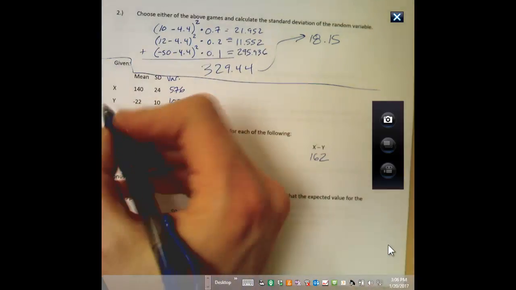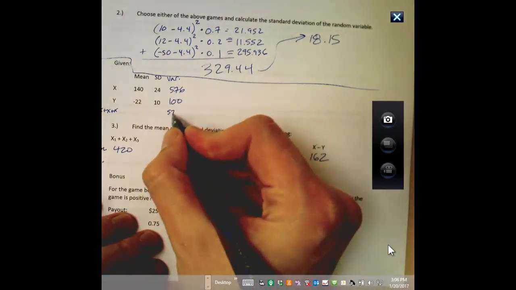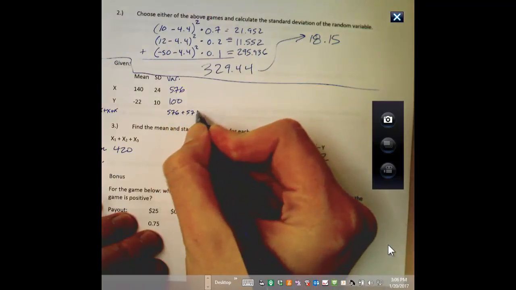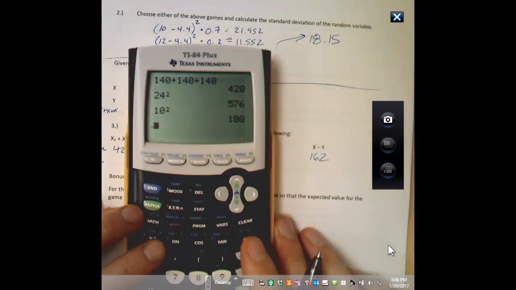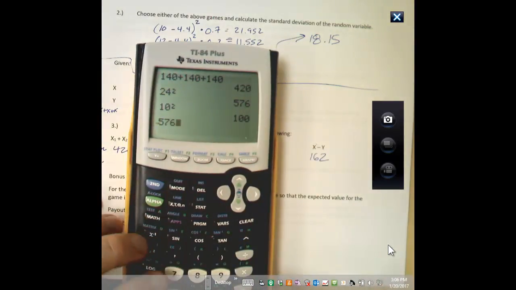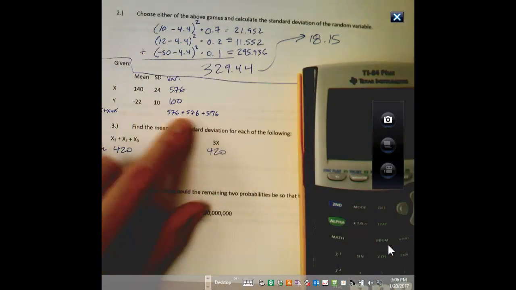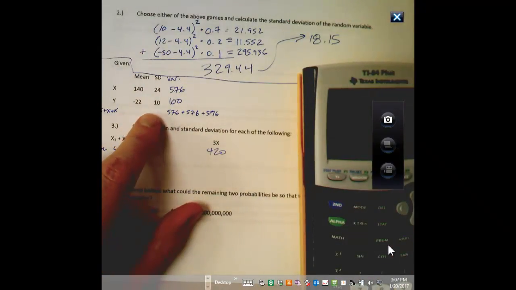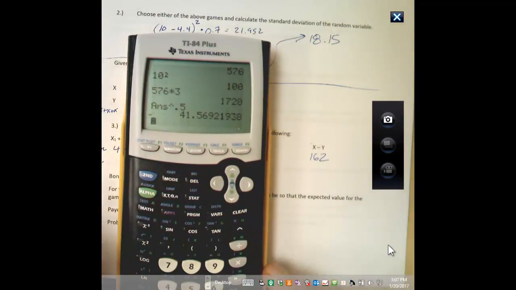So if I do x plus x plus x, that's 576 plus 576 plus 576, or just times 3, of course. So that's 1728. So the standard deviation of x plus x plus x is going to be the square root of the variance, just like standard deviation is always the square root of the variance. So I can just do the square root and get 41.57.